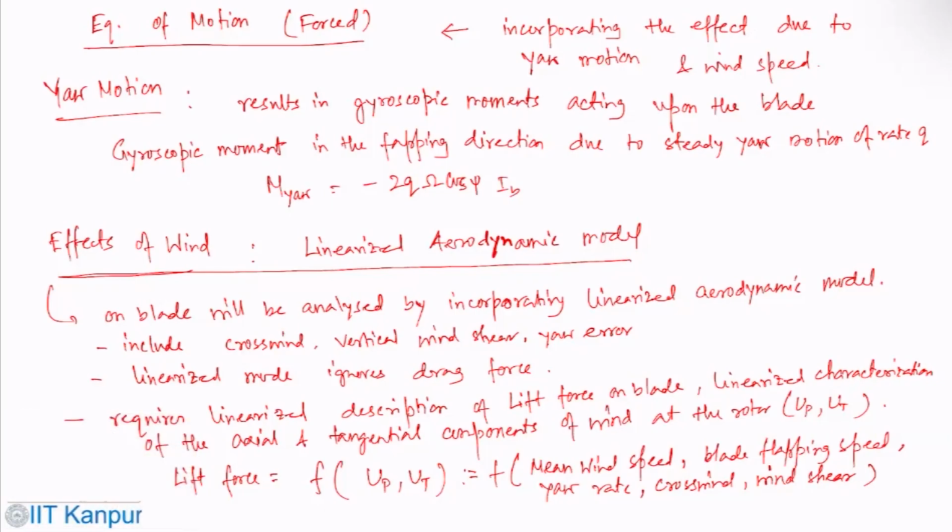Now we can find out this lift force per unit length, that is L bar, can be written as half of rho C CL alpha UP UT minus theta P UT square.